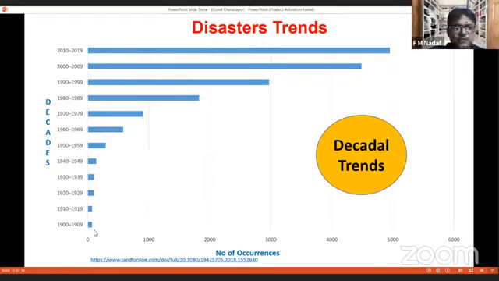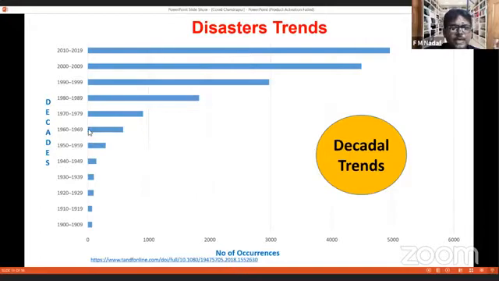If you observe from 1900 to 1950 or 1959, the number of disasters occurred is very less. For example, from 1900 to 1909, there were roughly about 50 disasters. Again, in the next decade, we had 50, then we had 75, close to 125. Now here we had close to about 200 odd disasters.